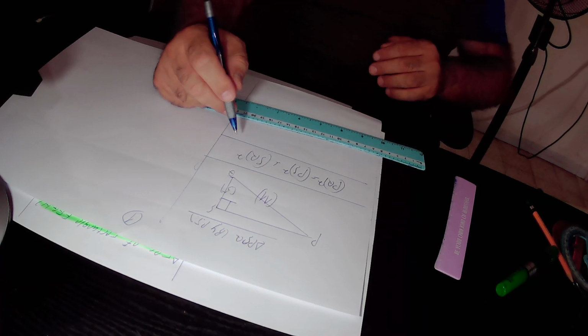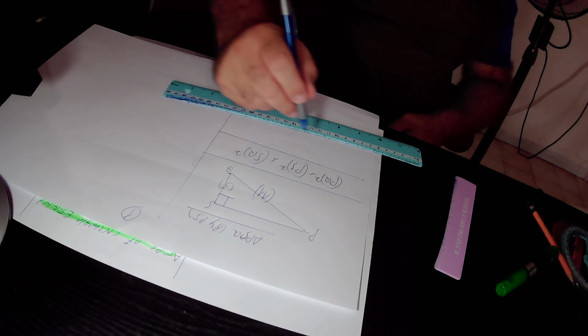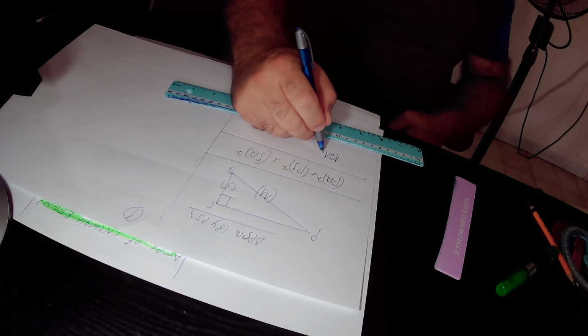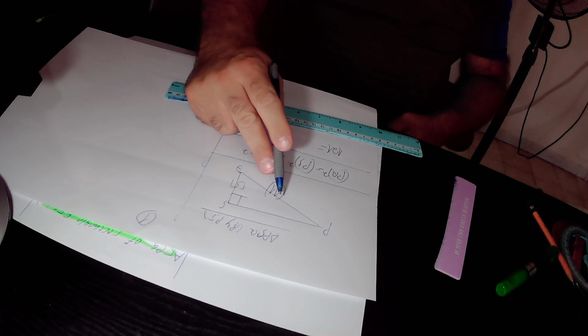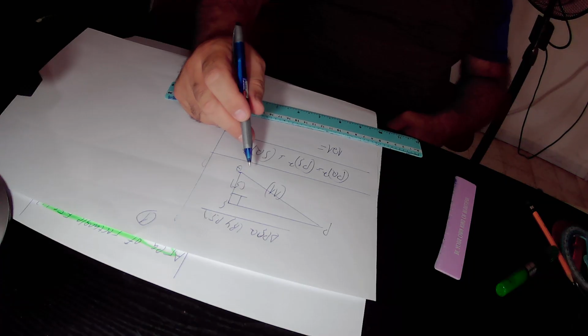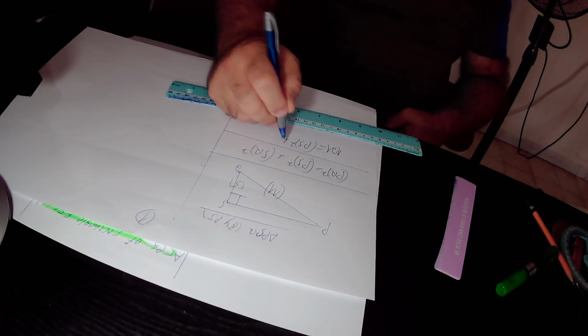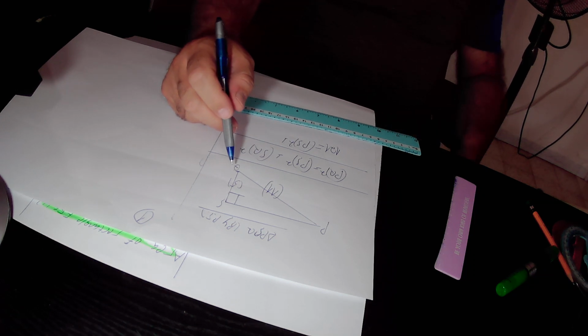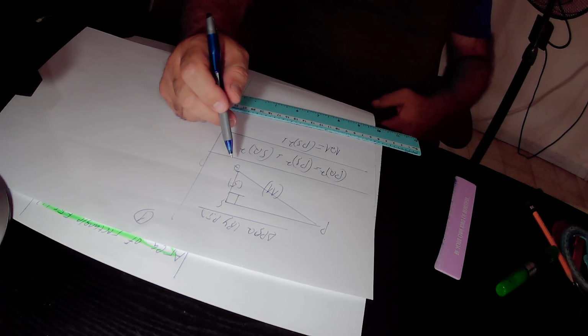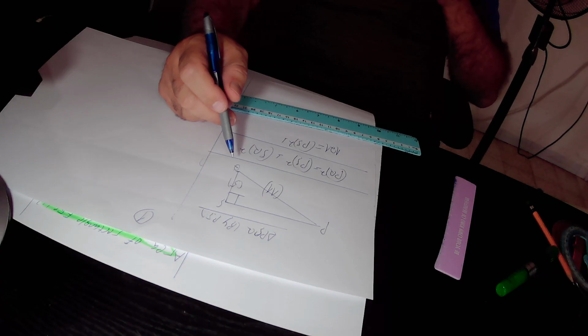PQ is 11, therefore PQ squared is 11 squared, that is 121, and it equals PS squared. PS is the missing side, so leave it as it is. So it is PS squared plus SQ squared. SQ is 5, therefore SQ squared is 5 squared, that is 25.